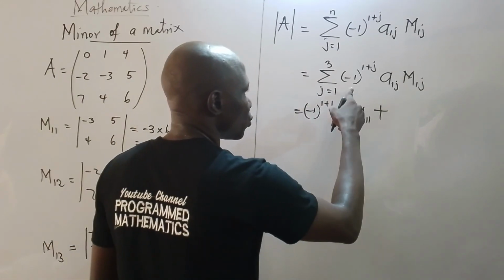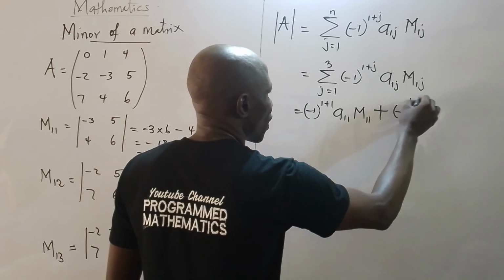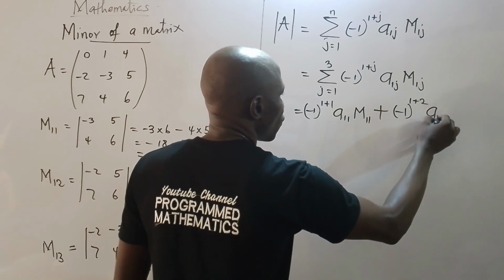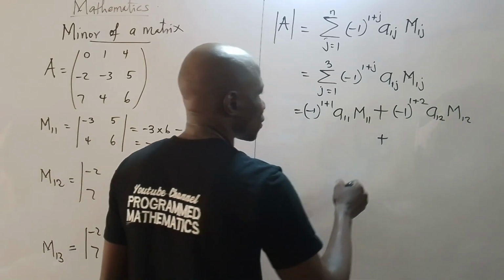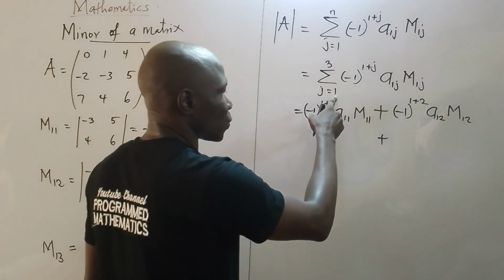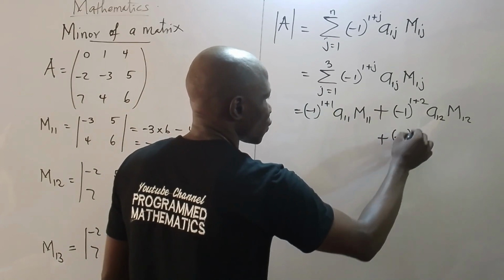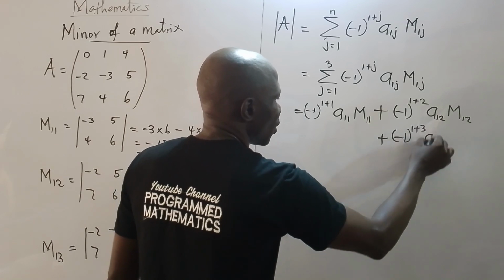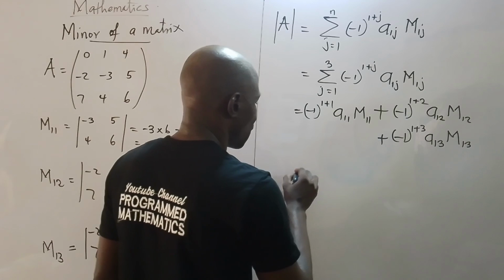When J is 2, we are going to have minus 1 raised to power 1 plus 2, A12, M12. Then plus, the last part of it is when J is equal to 3. When J is 3 in this case, we have minus 1 raised to power 1 plus 3, A13, M13. As simple as that.